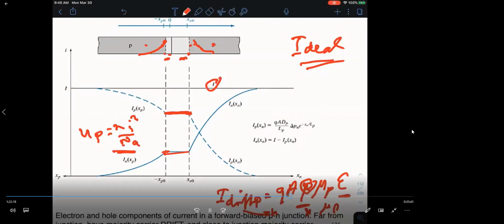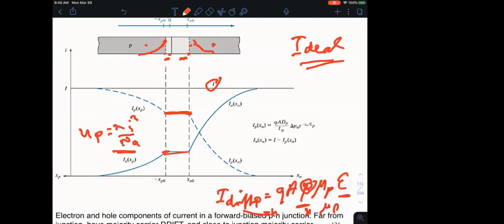Because majority carrier concentration is much, much higher than the minority carrier concentration. So on the P side, the hole concentration is proportional to Na, while the electron concentration is much, much smaller. It's given by ni squared over Na. Therefore, the minority carrier electron drift current is going to be orders of magnitude smaller than the majority carrier current. Any questions?